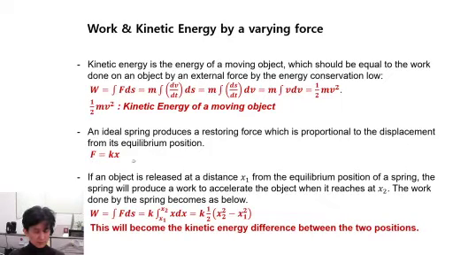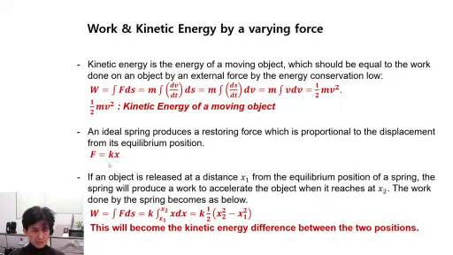So one of the most important characteristic properties of a spring is F equals kx, where x is displacement and k is called the spring constant of a specific spring.